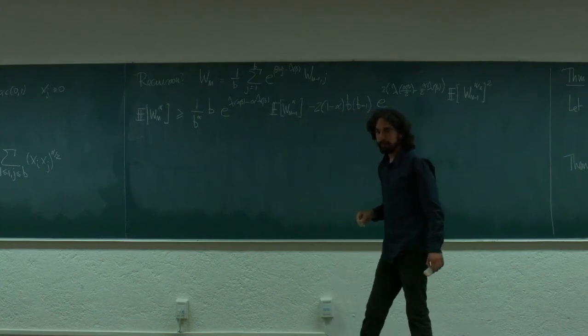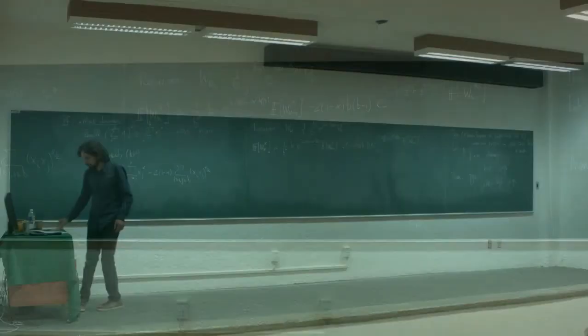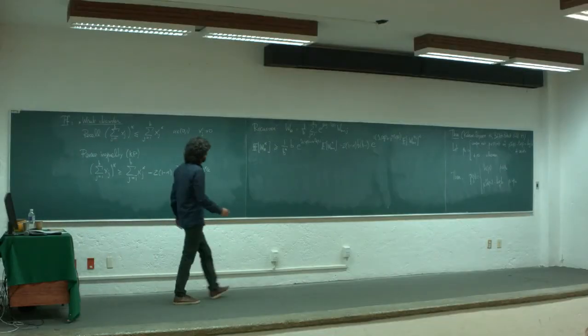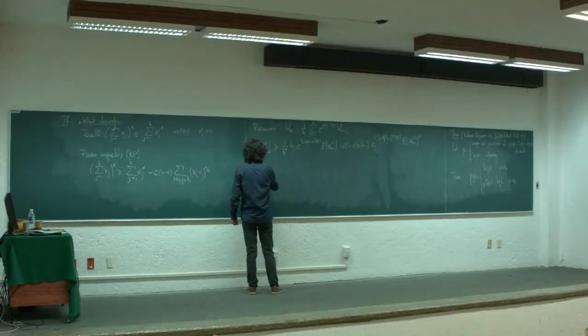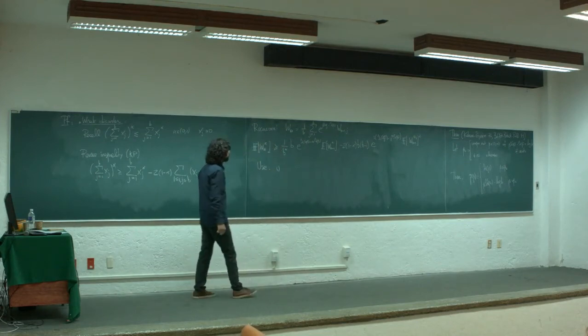So that's what it is. I will spare you the algebra. Just tell you that you need to use 2 facts. You can make the computations if you really want to.